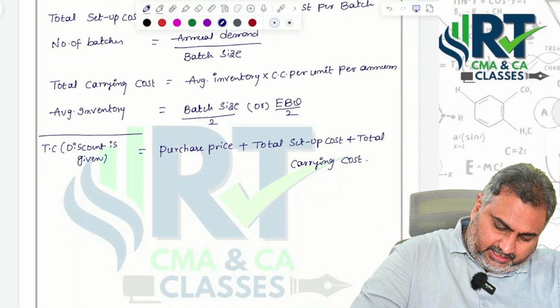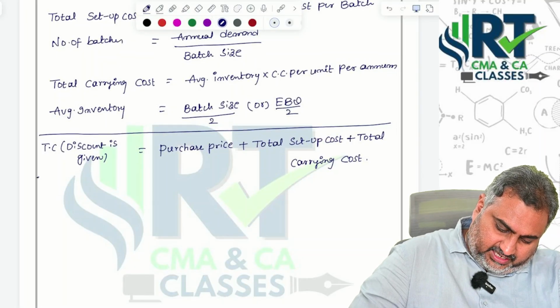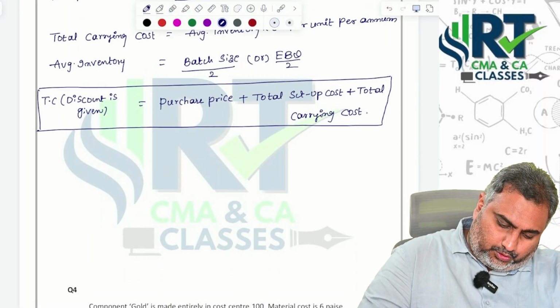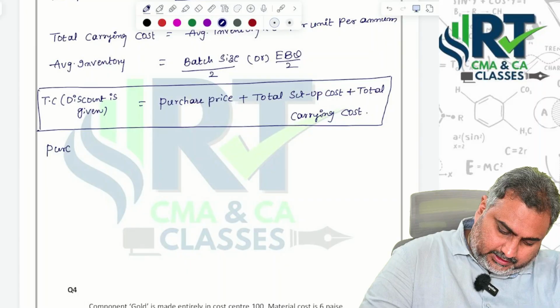So what is added? Purchase price. Remaining entire formula will be same, Nana. So how to find out purchase price?